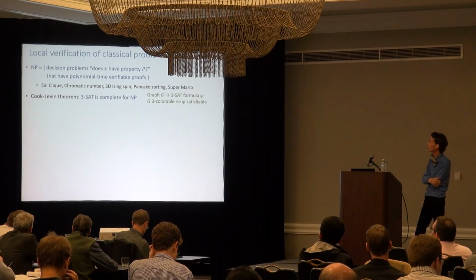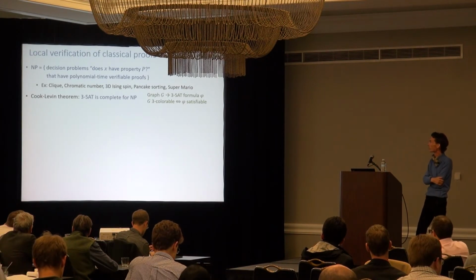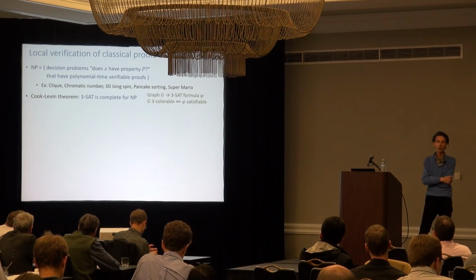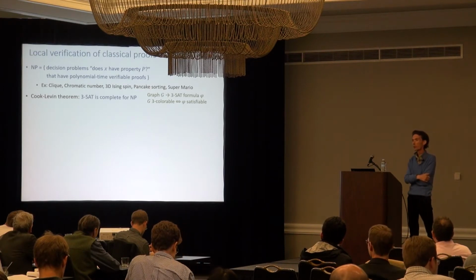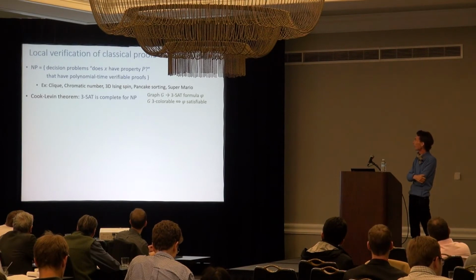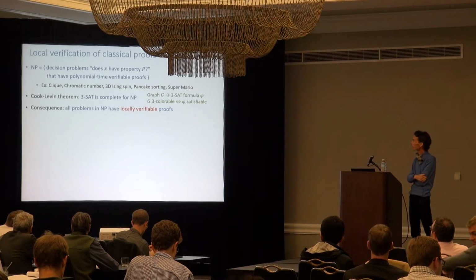So for instance, if you start with the 3-coloring problem, any graph G, you can transform it into a 3-SAT formula, such that the graph is 3-colorable if and only if the formula is satisfiable. This is saying something about the structure of all problems in NP. All of them can be verified locally, just as 3-SAT.